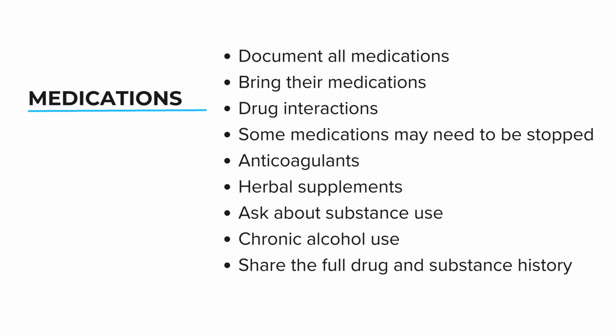Ask about substance use like tobacco, alcohol, opioids, and marijuana, because this can affect anesthesia and recovery. Chronic alcohol use may lead to liver issues, poor nutrition, and withdrawal risks. And share the full medication and substance history with the surgical team. They will decide how to manage medications before and after surgery.